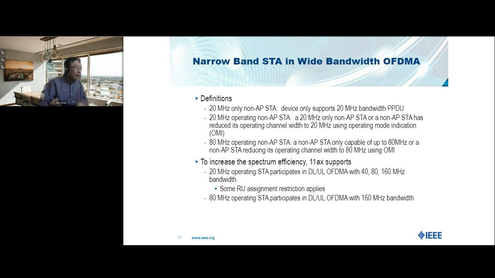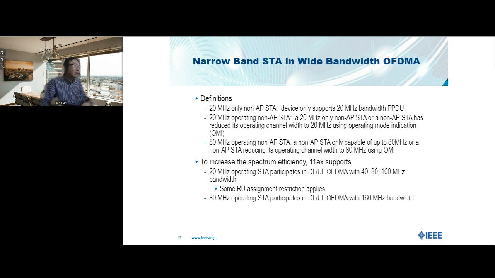So 11ax introduced two modes. 20 megahertz operating devices participate in downlink OFDMA with wider bandwidth, 40, 80, 160 megahertz. Okay. And 80 megahertz operating devices participate in the 160 megahertz bandwidth. So this is just to better support IoT and for system efficiency.